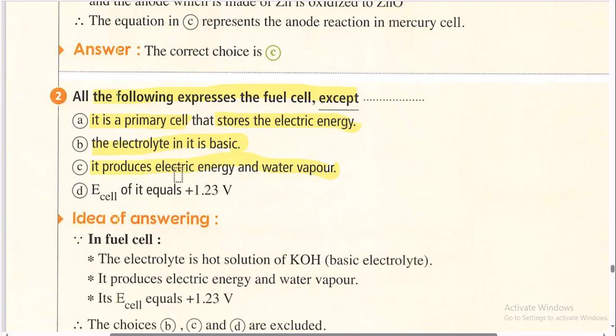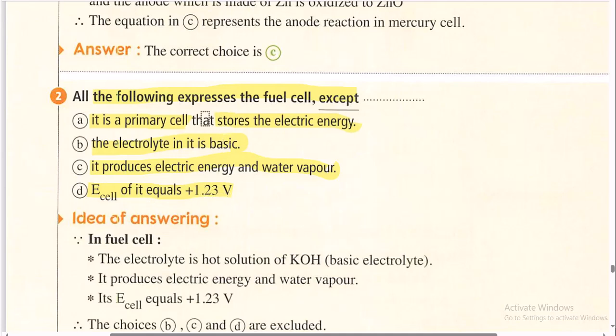Hydrogen and oxygen react with each other to form water and release energy. Releasing energy means it produces energy. It is an exothermic reaction. D, the E cell, or the potential of the fuel cell, equals positive 1.23. This is correct also. The potential of the fuel cell equals 1.23 volt.